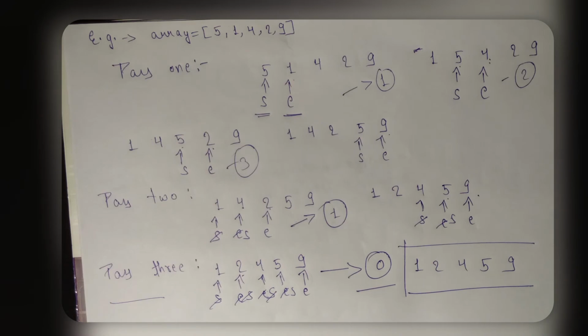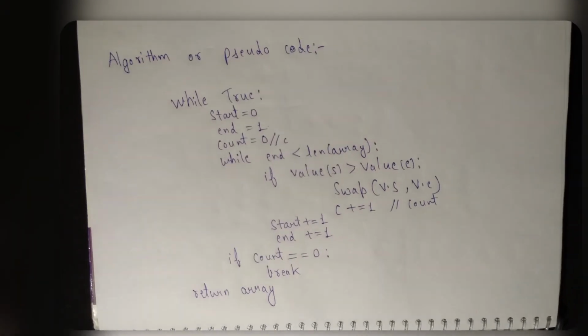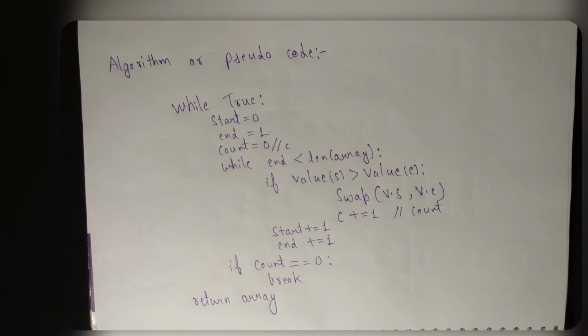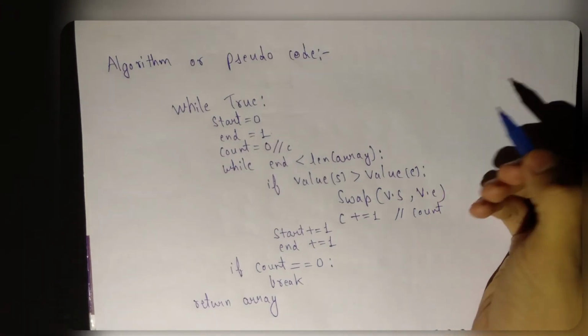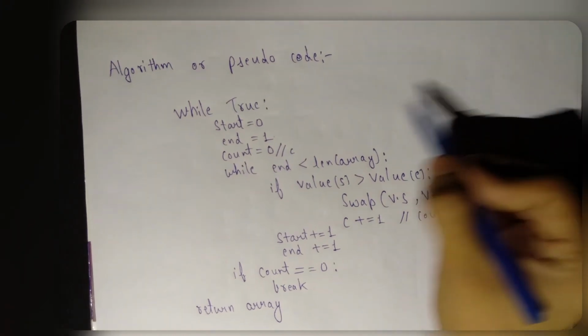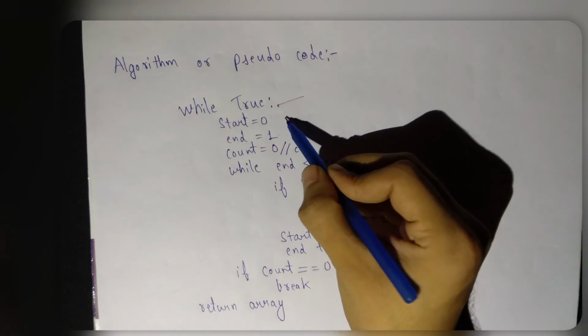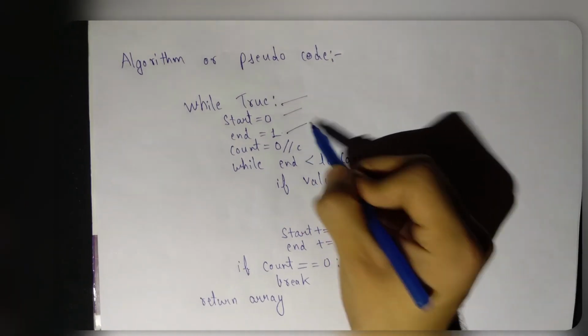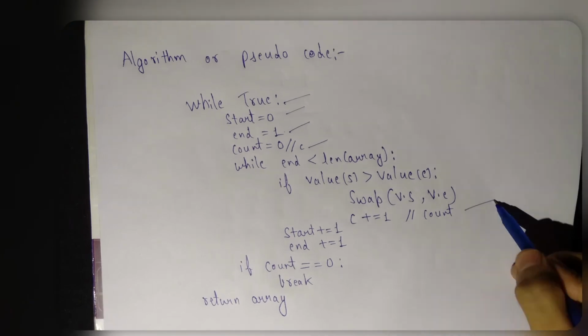Now we'll discuss its algorithm. So if we generalize what we did, we can see it over here. First, we'll start with a while loop with true condition. Then we'll declare two variables, start and end. Also a count variable to count the number of swap executions.